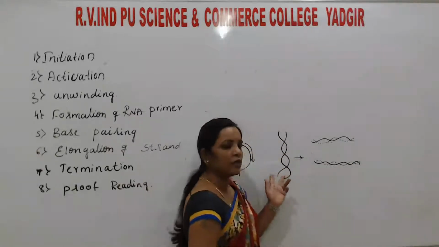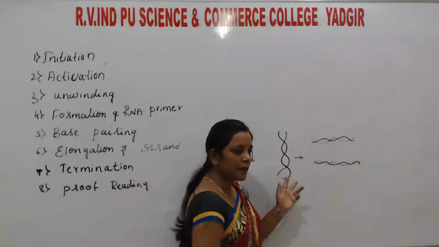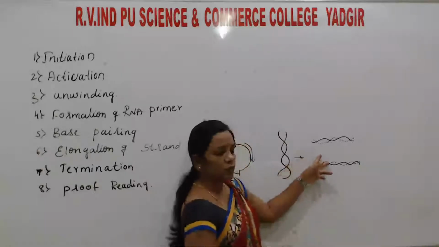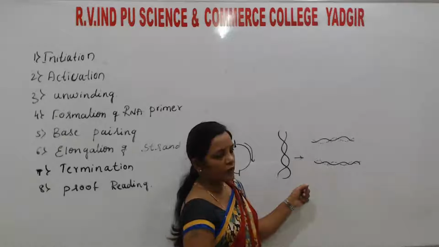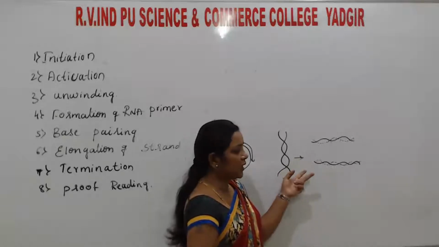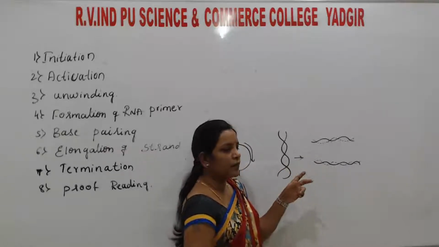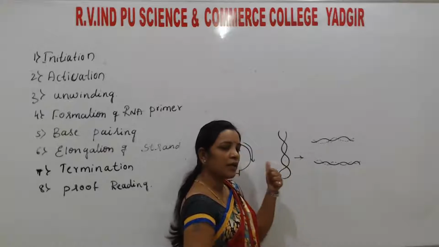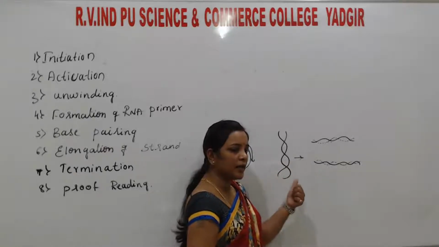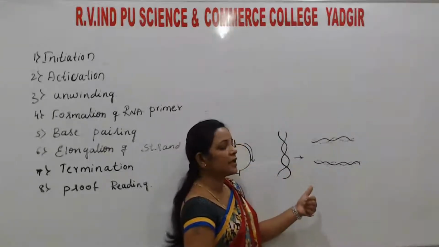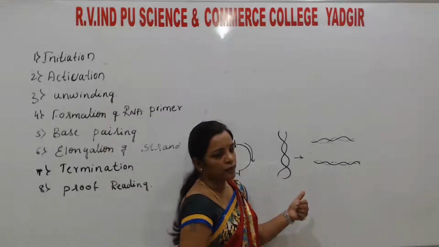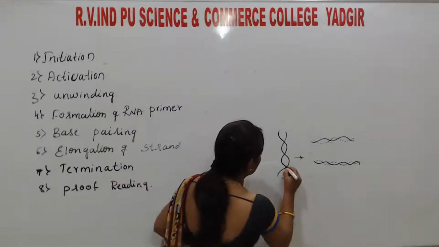Both polynucleotide chains act as templates. Now two DNAs are formed. In the two DNA copies, one strand is exactly like the parental strand, and the other strand is totally new.